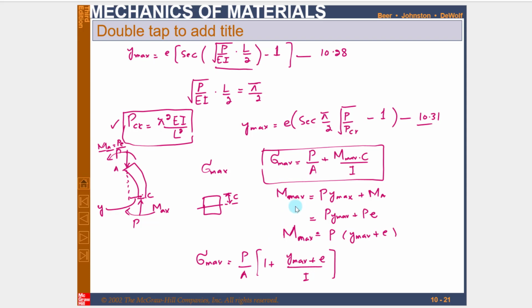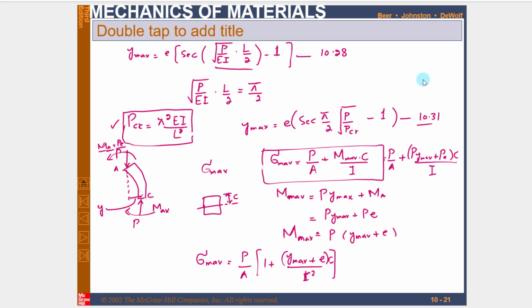Again, P by A is the same, and this maximum bending moment is P into Y max plus P into E, and there will be a C as well.